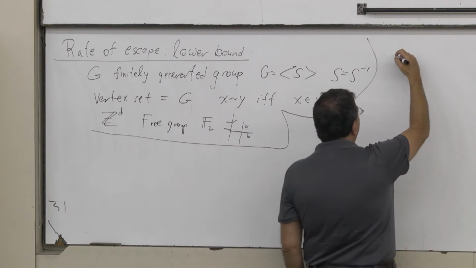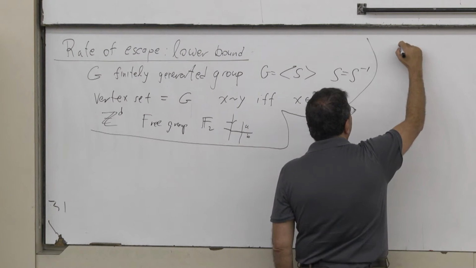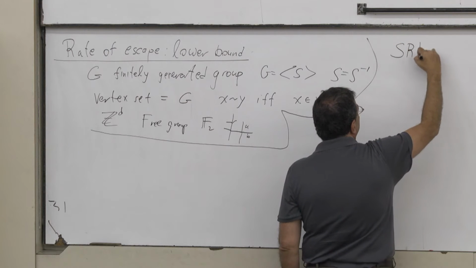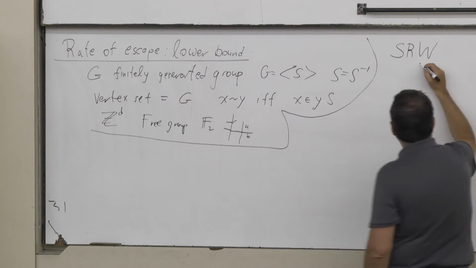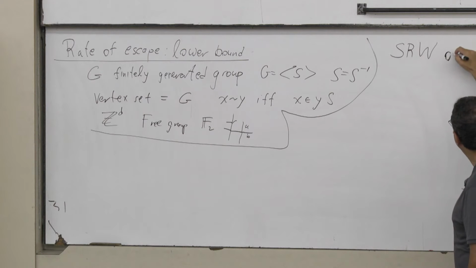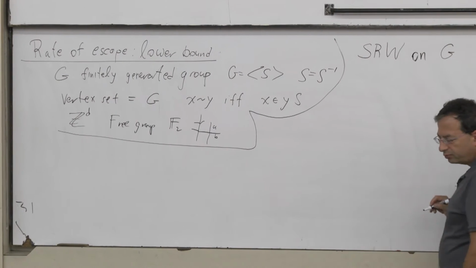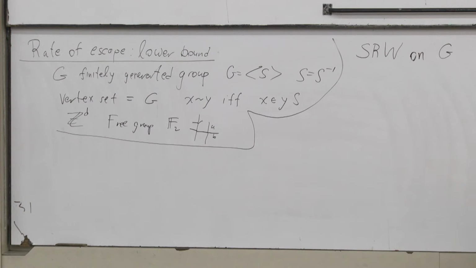So now we're going to do simple random walk, or lazy simple random walk, it won't matter. So simple random walk on such a Cayley graph. I want to see how fast it escapes from the starting point.